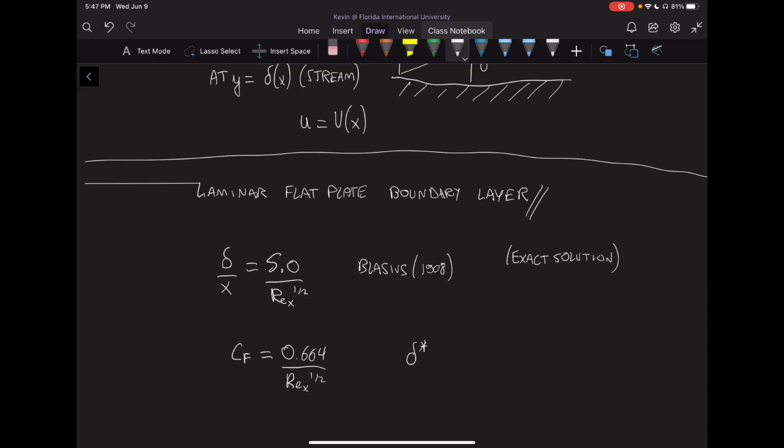Our displacement thickness, delta star over x, is equal to 1.721 over Reynolds x to the 1/2. So this tells us how much our flow has displaced upwards to keep our mass flow rate in check.